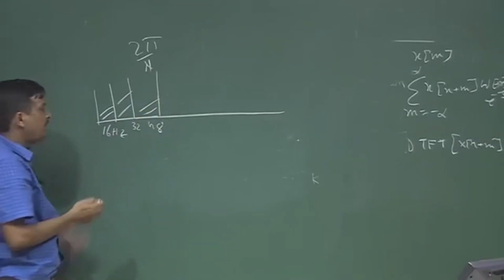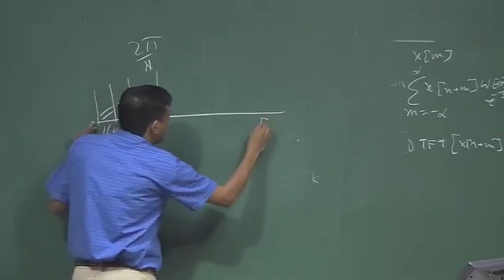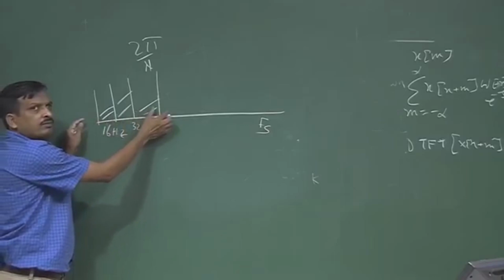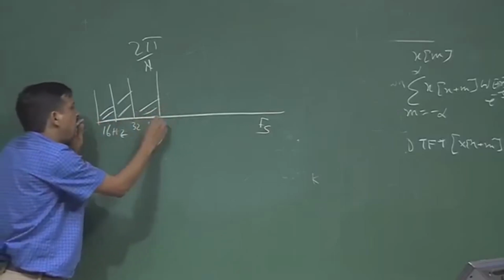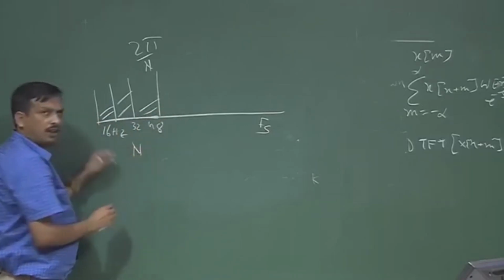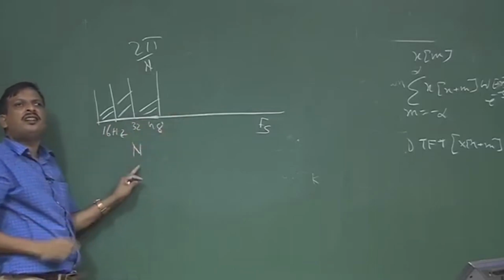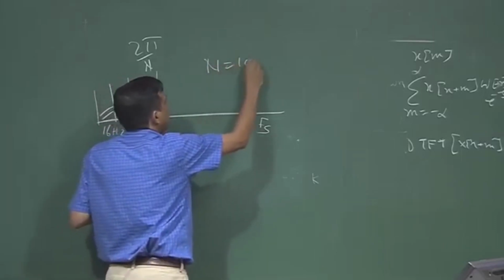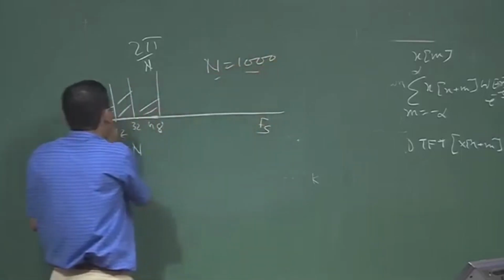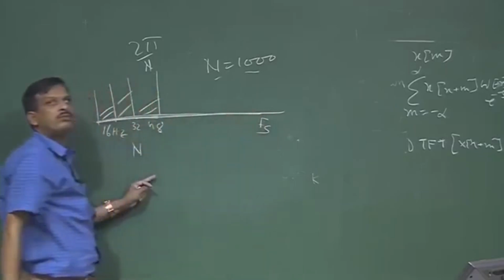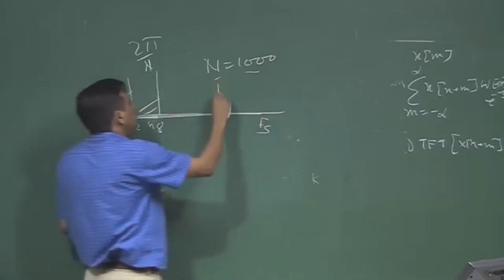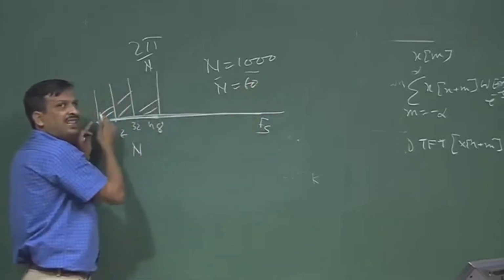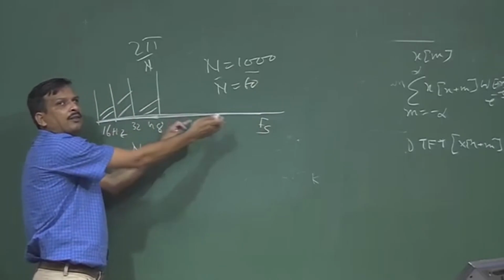So, I can say that the frequency scale Fs is divided into bands, and the number of bands is represented by N. If N equal to 1000, that means the number of bands is 1000. If N equal to 64, then 0 to Fs is divided into 64 bands.